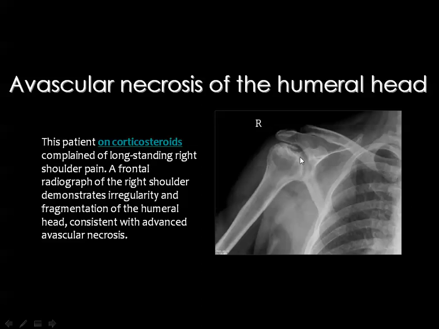You can see that the humeral epiphysis is collapsed, fragmented, sclerotic, and there are some fissures within the humeral head, which are the common features of avascular necrosis in the head of the humerus, as well as anywhere in the human body.